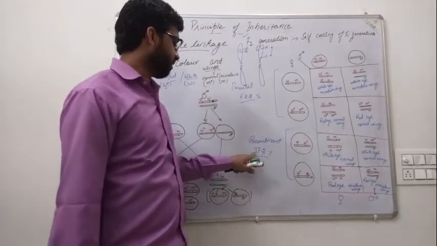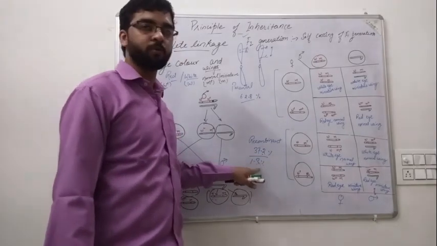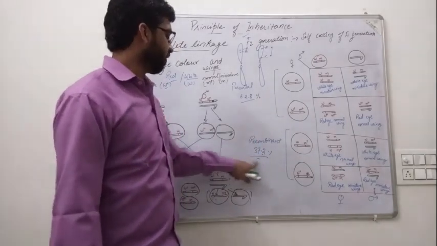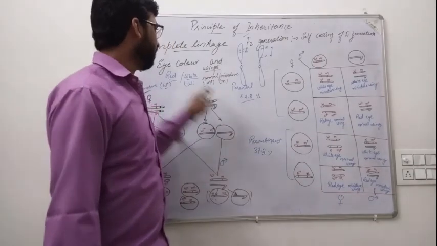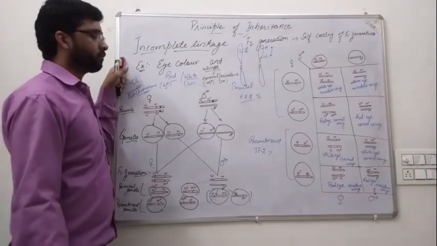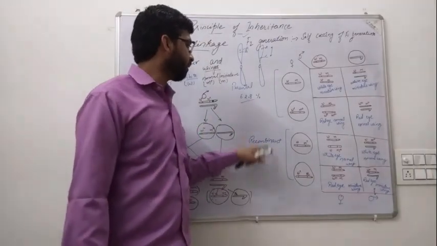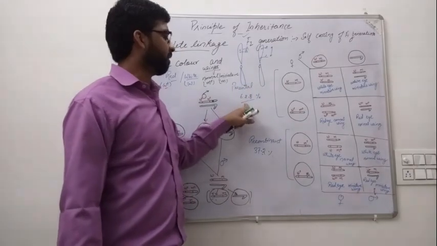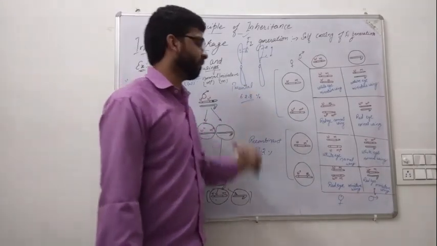The percentage is 37.2% in incomplete linkage, sorry, and the parental combination is 62.8% here.